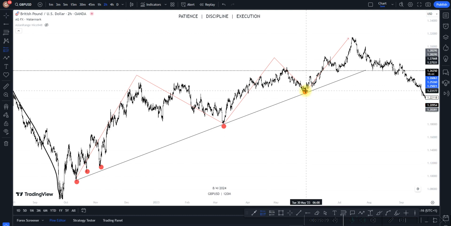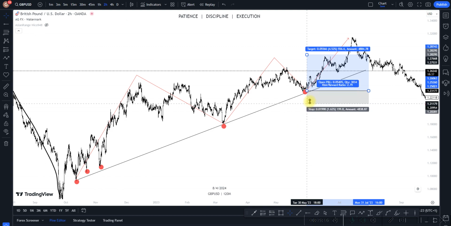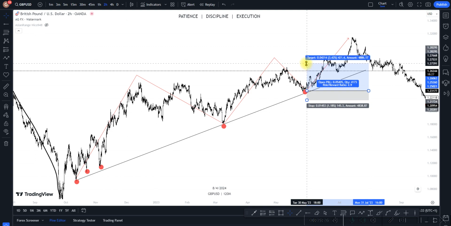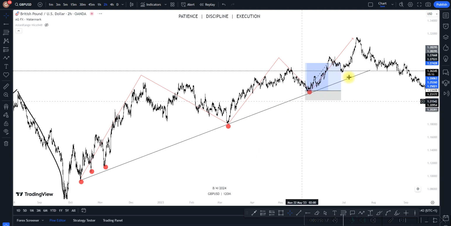I place my entry on this particular point, then my stop loss probably 20 pips or thereabout. I target a low that is next to this particular point, then I can target the high as my take profit position. This is also about 1 to 3 RR. So this is using the trend line support for buying.